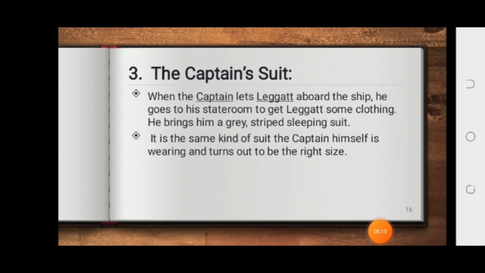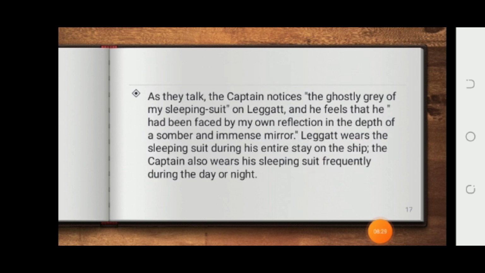It is the same kind of suit that the captain himself is wearing, and it turns out to be the right size. As they talk further, the captain notices the ghostly gray of my sleeping suit on Leggett, and he feels that he had been faced by my own reflection in the depth of a somber and immense mirror.